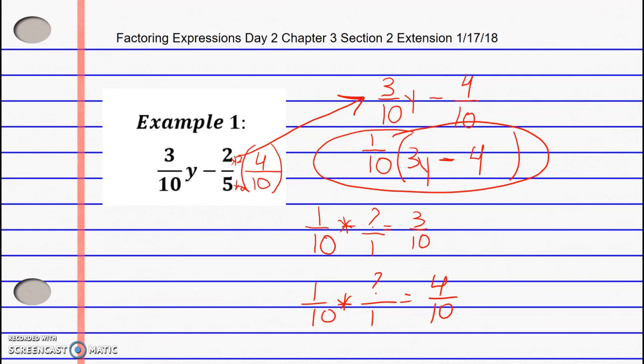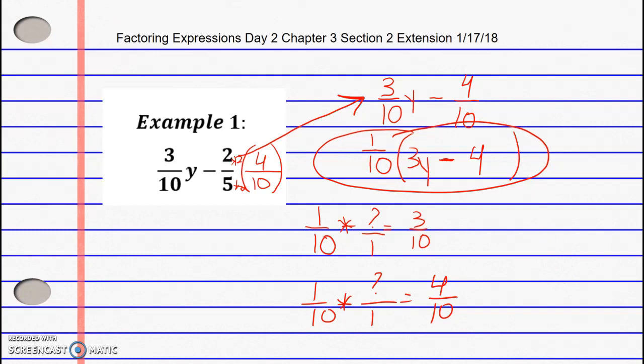Okay? So start with the smallest fraction. If there's something bigger, you'll notice it when you factor it out and have things left over in the parentheses. But since 3 and 4 don't have anything in common other than 1 as a factor, 1/10 is the biggest fraction we could take out.